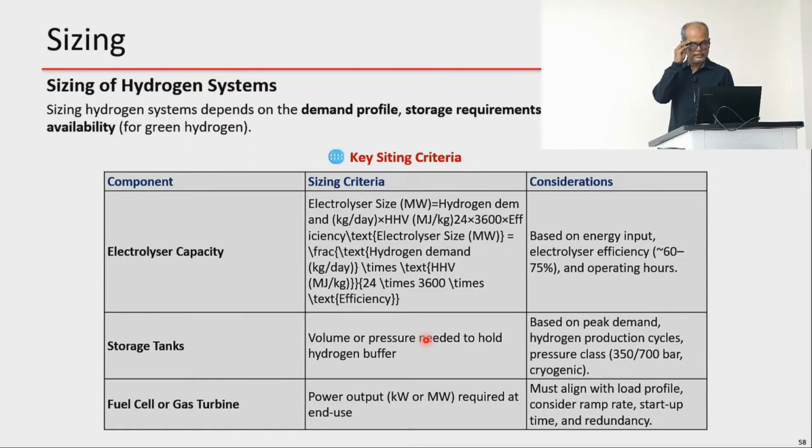If you have a fuel cell, what sort of power you are going to give, whether you design for a house, for industry, or for agriculture application. So the kilowatt capacity, you will easily be able to find what sizing of fuel cell you need for that particular application.